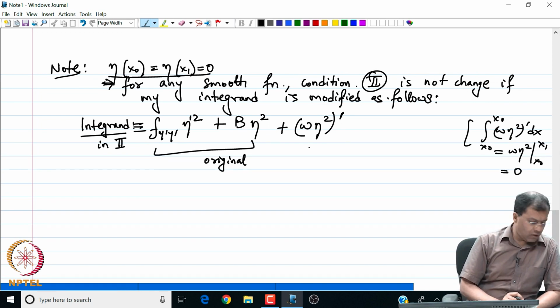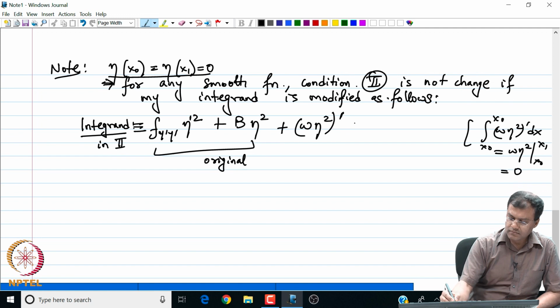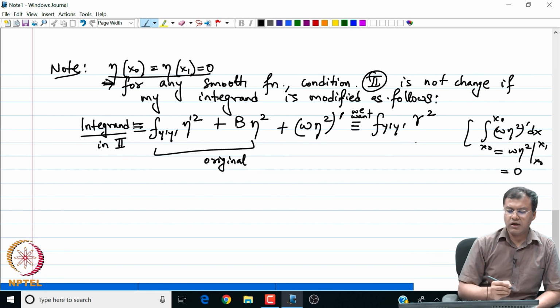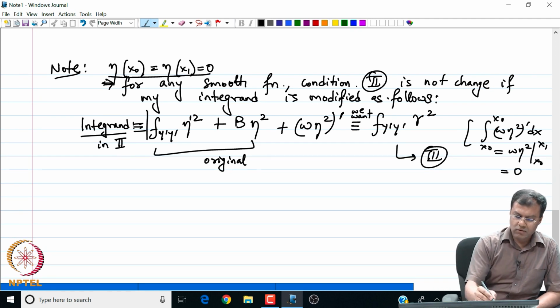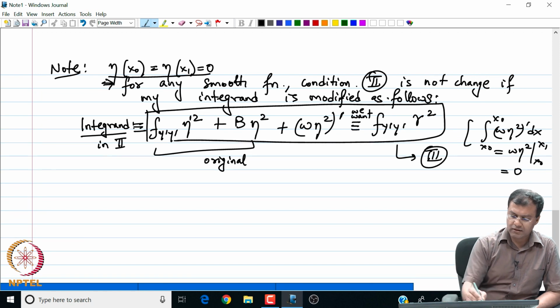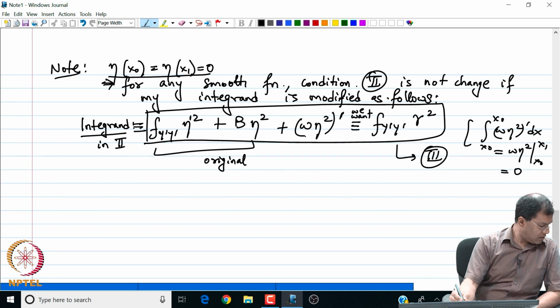We want that this is also equal to the following final quantities. So this is what we want. Let me call this expression 3.